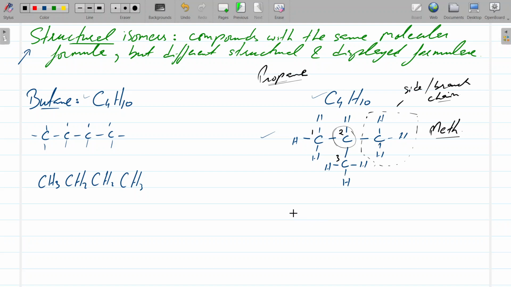Okay. So we're going to start with 2, and this dash is not showing a bond. It's just a hyphen, grammatically. And then we name the side group. In this case, because the side group is CH3, it is methyl.